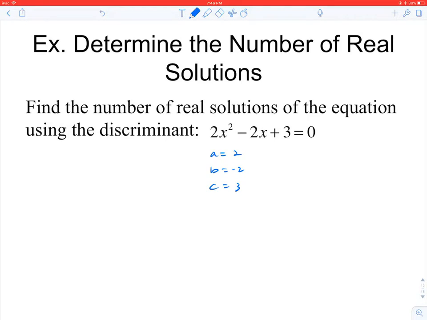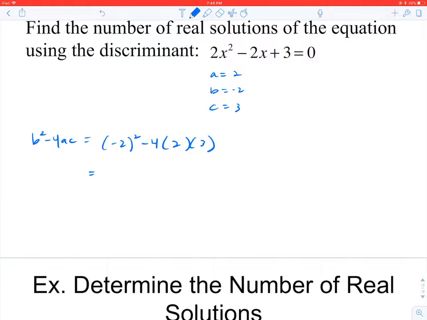Okay, so a is 2, b is negative 2, c is 3. So it's b squared minus 4ac. Substituting those values in, that would end up being 4 minus 24, so negative 20.